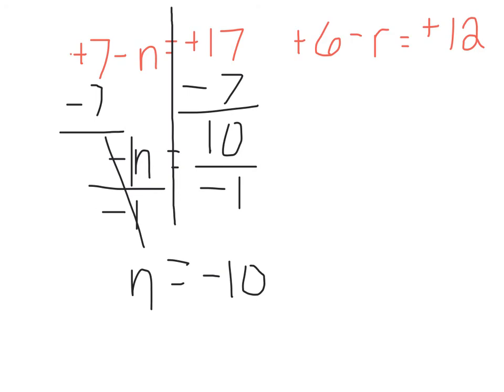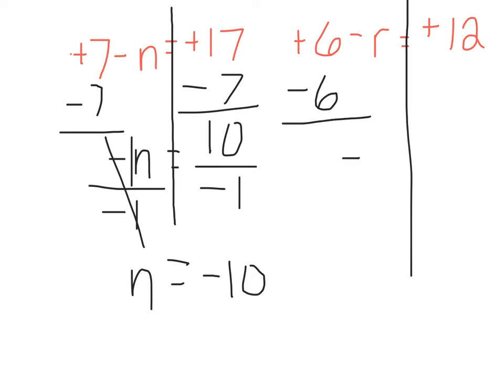Okay, let's try one more like that because it's a little different, but I think that this method is what you're going to continue using as you move forward through high school, so I think it's good for you to see it now. So I draw my line down here so that I remember what I do to one side, I have to do to the other. I need to get the r by itself. So I do the opposite, minus 6.